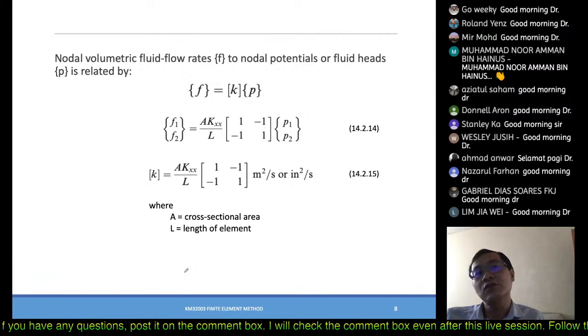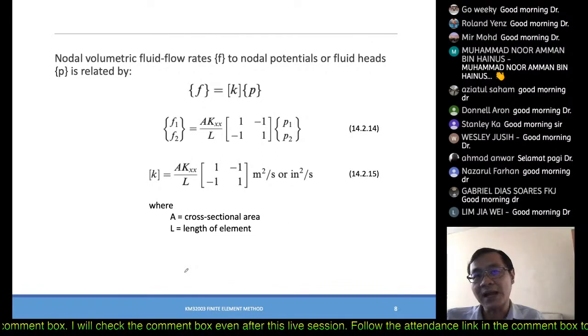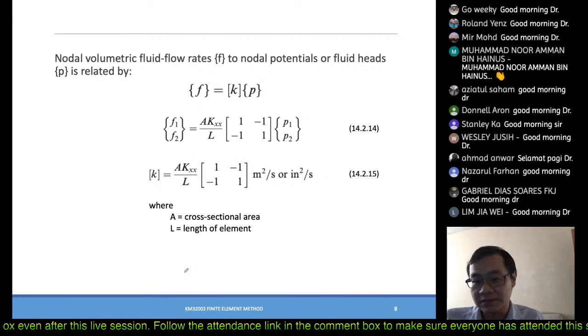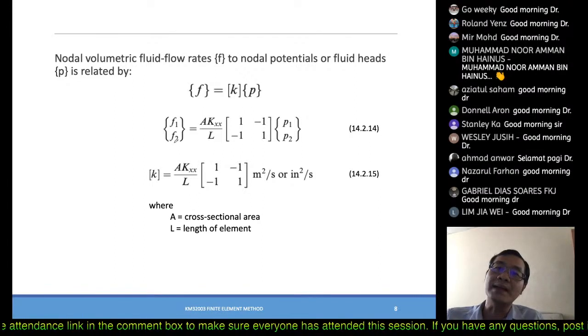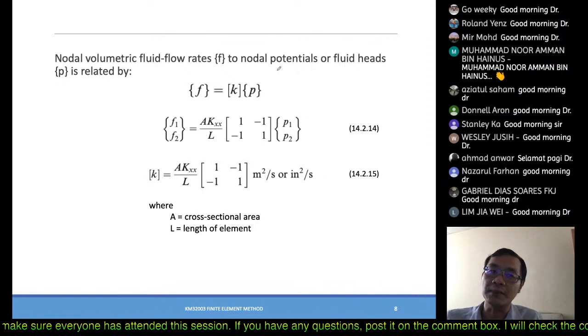So accordingly, we will apply it into our assembly matrix, okay. What we do is we just combine it according to the nodes, the arrangement of your nodes or the mesh itself.